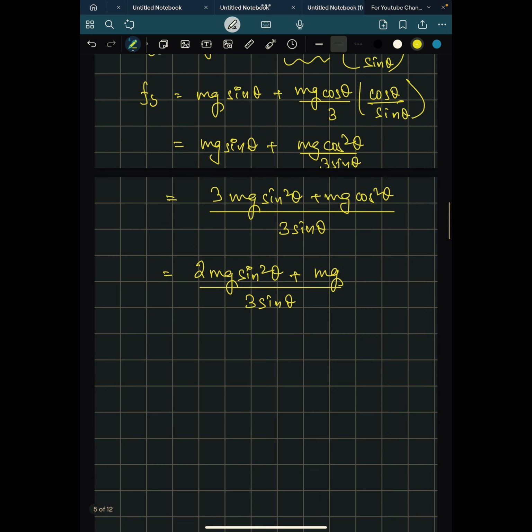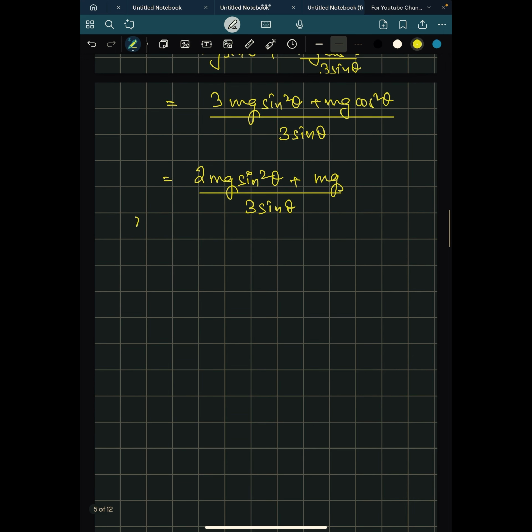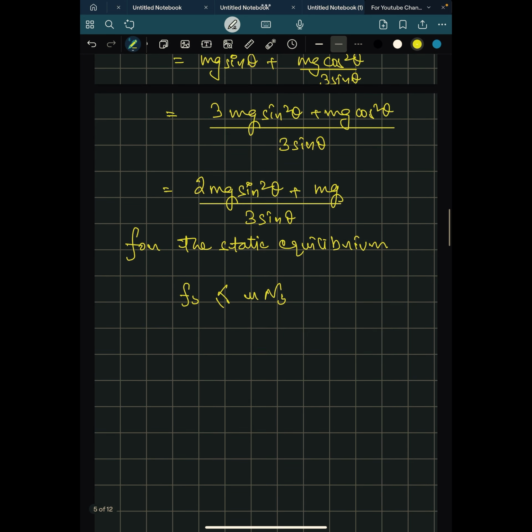So now for the static equilibrium, we know that Fs is always less than or equal to mu times Ns, right? So Fs, we know its value.